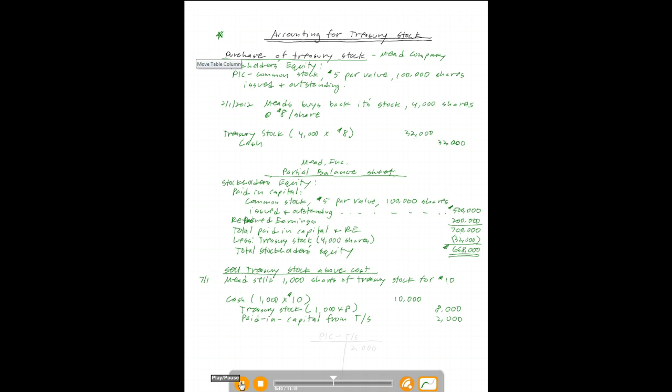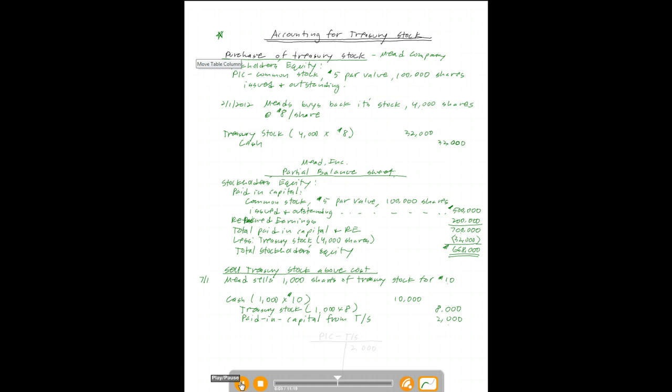I'm just going to put TS, treasury stock. Okay? And so now the balance in that account is $2,000. And if we were going to do a balance sheet, that paid in capital would be coming up under the paid in capital section.